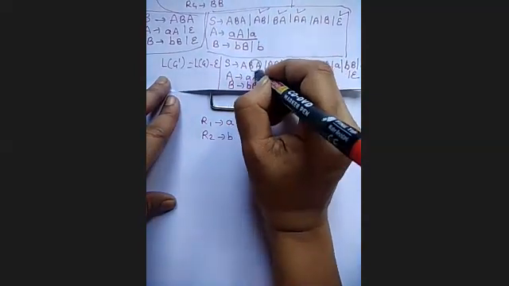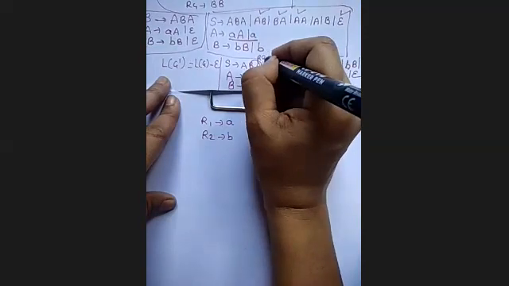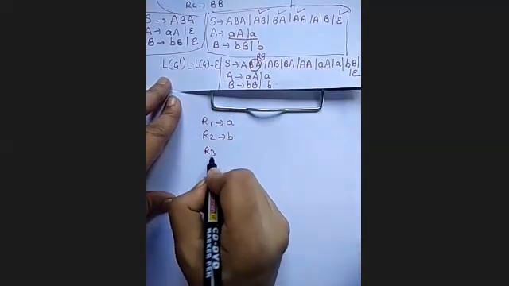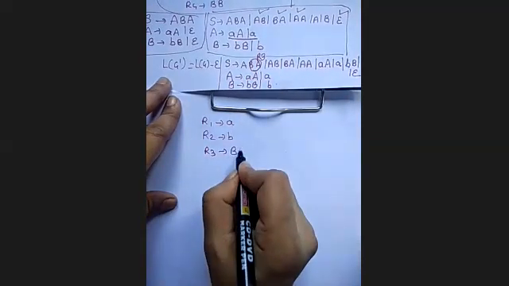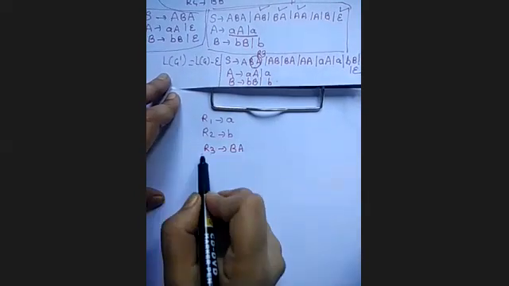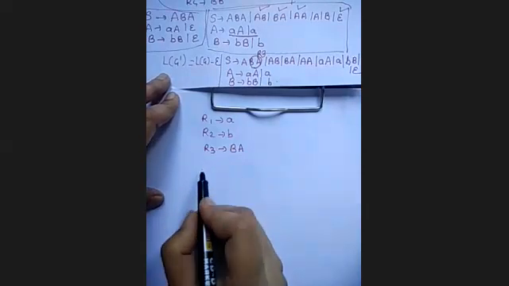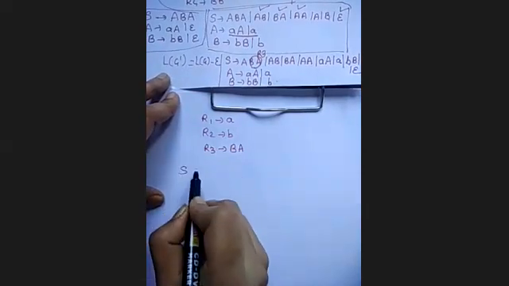What remains now? Here there are three non-terminals, so this BA I can replace by R3. So R3 derives BA. Now finally you can write, R1, R2, R3 are the new non-terminals. Let us rewrite the final grammar.